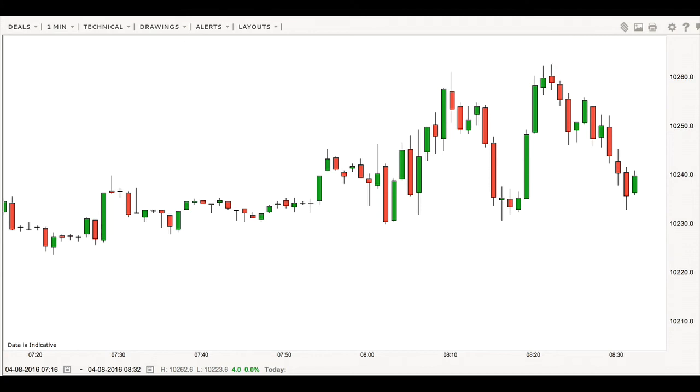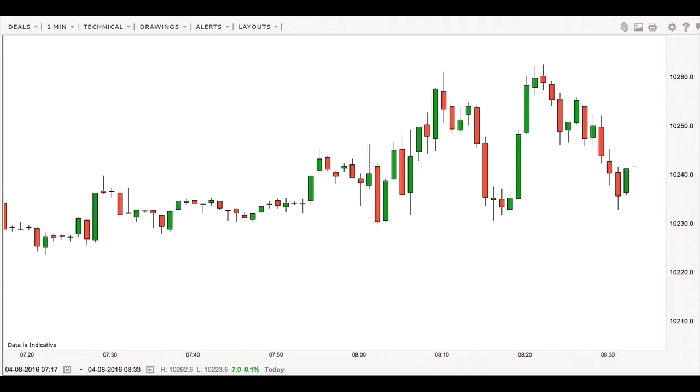Other traders will wait for price to drop below the middle of the double top, and then they'll trade downwards from there. So at this point in time, we're looking to see whether or not it's going to reach that level. If it reaches that level and drops below it slightly, then the chances are it will go down.